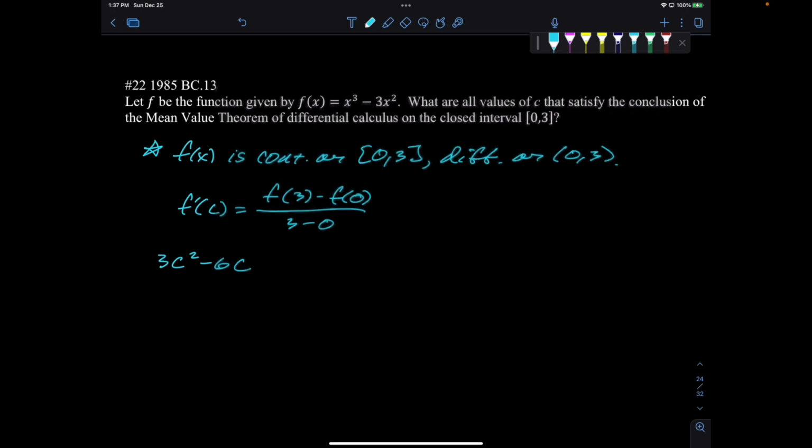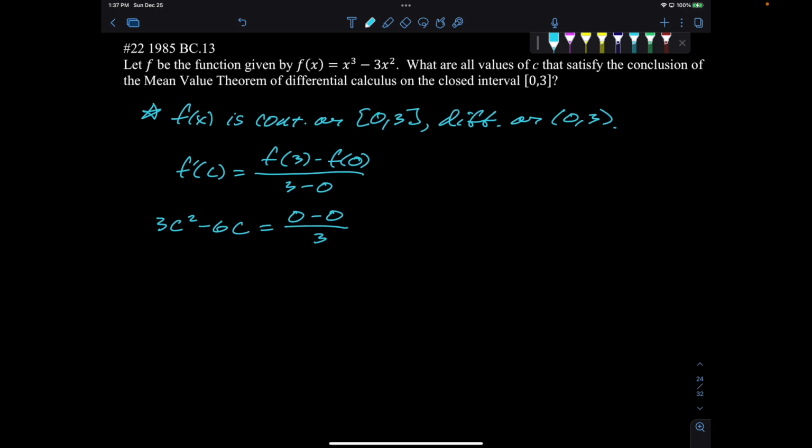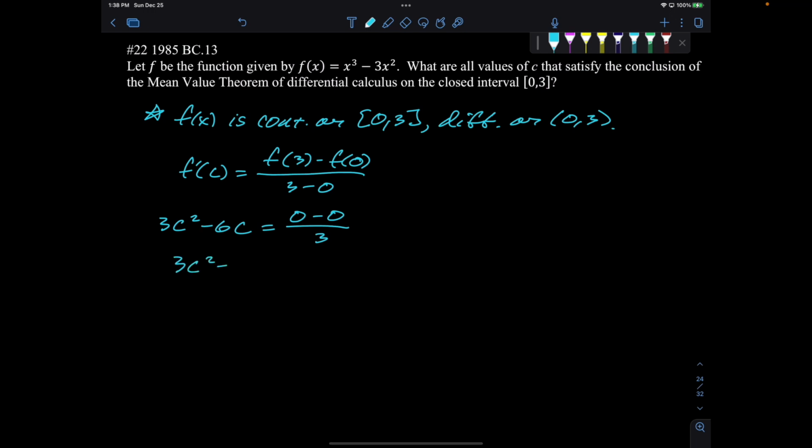If we plug 3 in here, we get 27 minus 27. That's interesting. We get 0 minus 0 over 3. So we just get 3c squared minus 6c is 0.